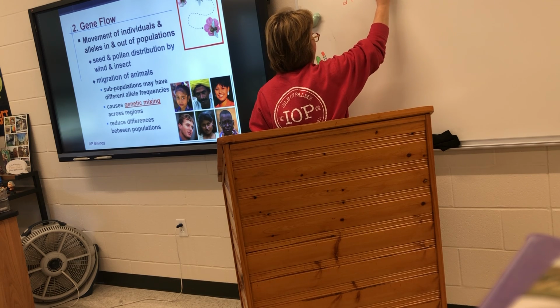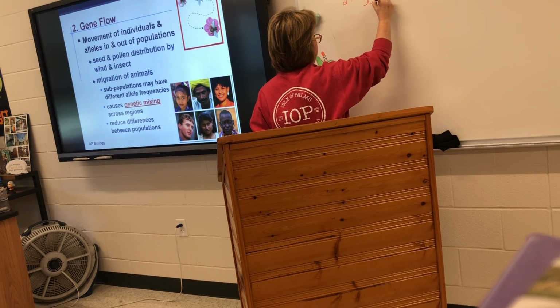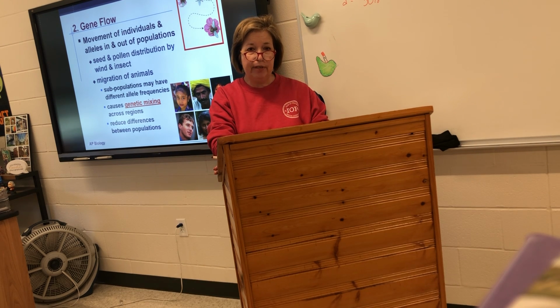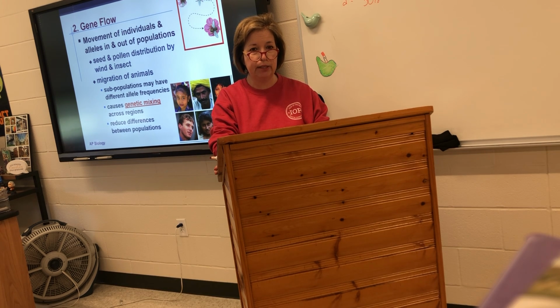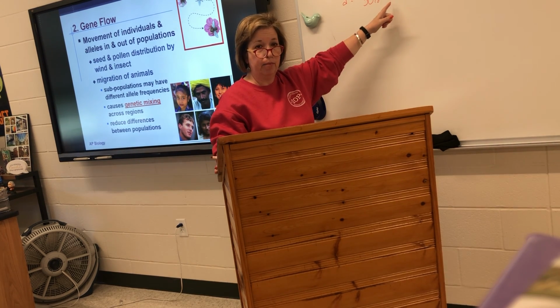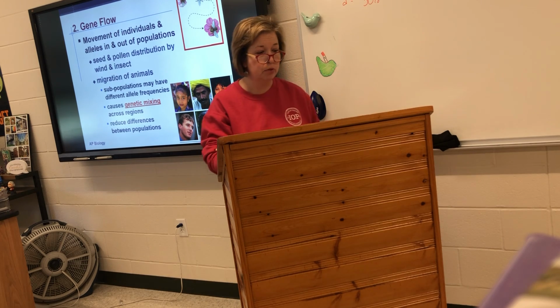And let's say that allele big A, which would appear to be the dominant allele, has a 70% frequency in the population, and allele little a has a 30% frequency in the population. If our population is in genetic equilibrium, the next generation, those numbers will be the same. The next generation, those numbers will be the same.